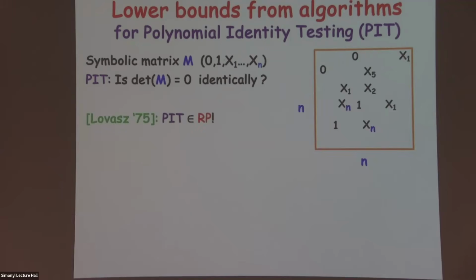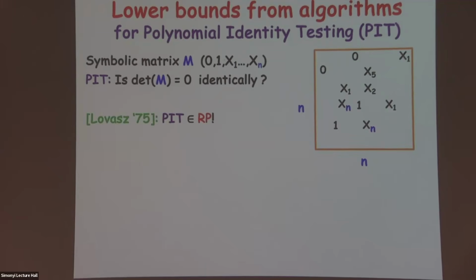What can we say about this problem? There is this observation of Lovász, but it's very simple. You don't need Lovász for that. If you plug in random numbers for the variables, even random numbers from a small set, then it's a perfectly good probabilistic algorithm for the problem, efficient, right?